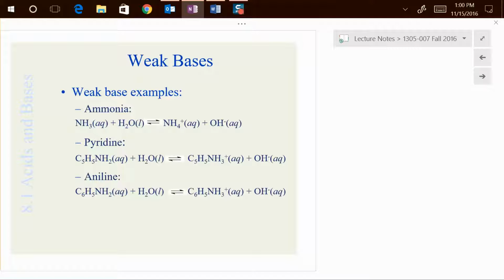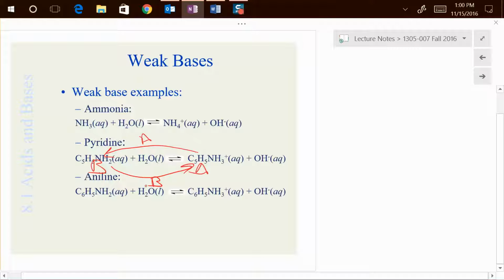So I can easily identify this is my base, this is my acid of this conjugate acid-base pair. Okay? The base is the thing that accepts the hydrogen. The acid is the thing that gives it away. So if this is going this way, it's an acid. If it's going this way, it's a base.